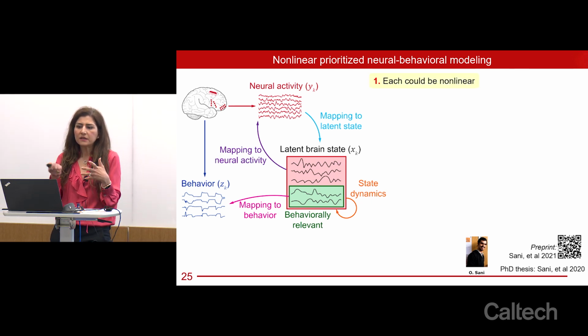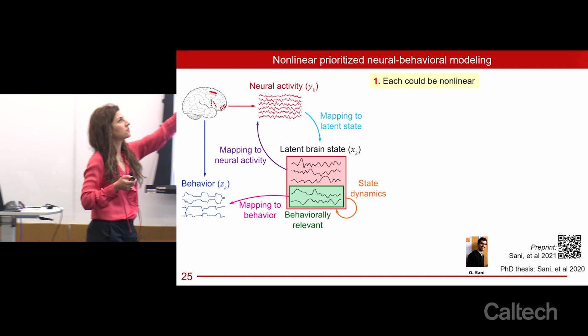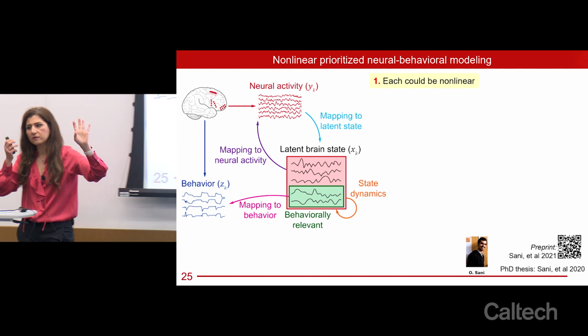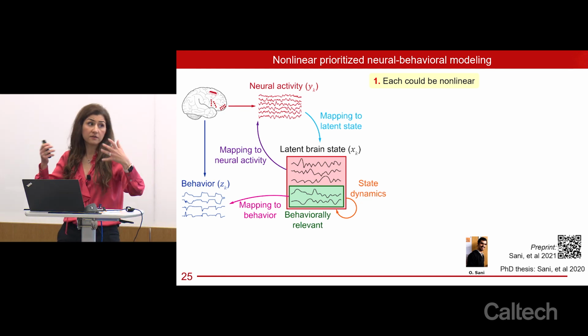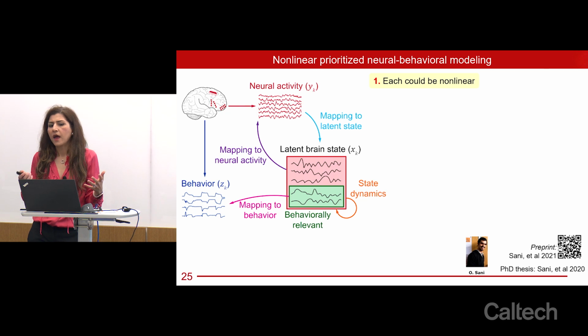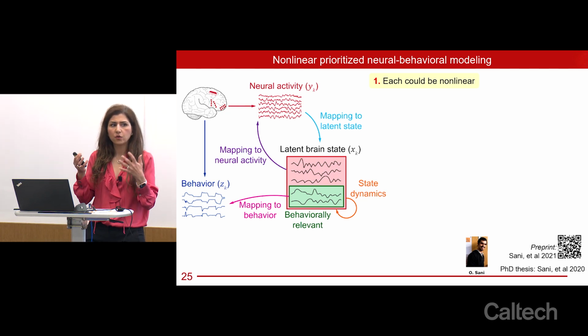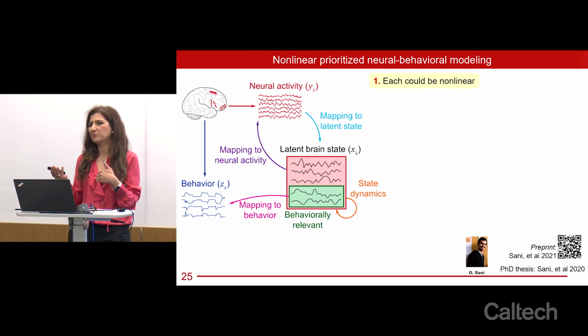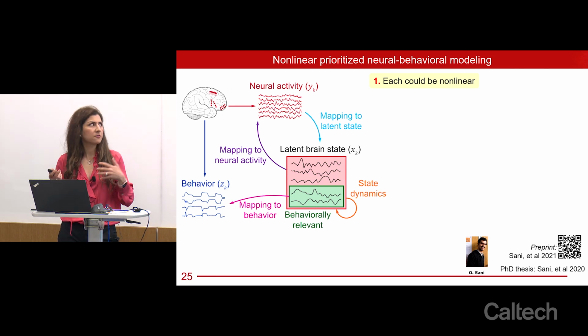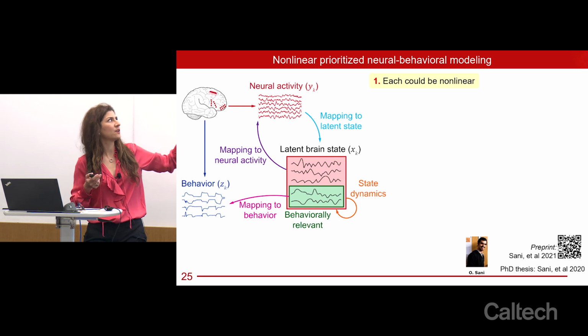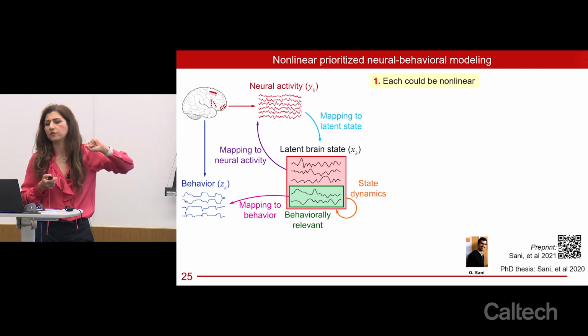Now, within a linear dynamical system model, all of these 4 mappings are linear mappings, but we wanted to allow these to become nonlinear. And further, we didn't want to just fit some nonlinear model. We wanted to actually afford some level of interpretability in the sense of where the nonlinearities can be summarized across these 4 mappings.